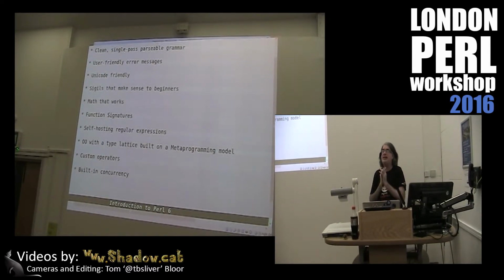Unicode friendly. We go to greater lengths than pretty much any language I know out there. I'm not going to spoil the slides later on, but in Perl 5, you could have variables with a sigil and a name with non-Latin-1 characters.